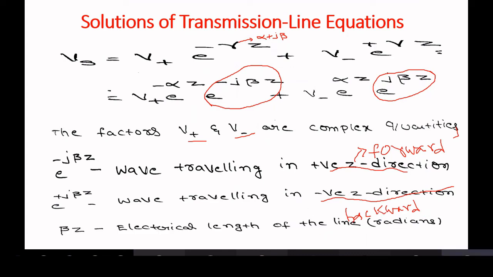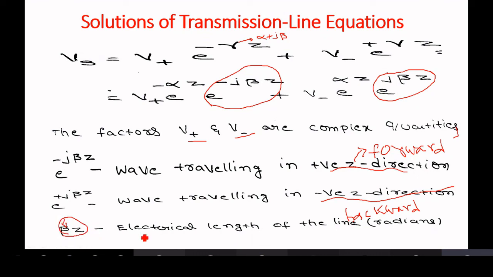Beta is called the phase constant, right? Beta into z is called the electrical length of the line in case of a transmission line. We will refer to this later.